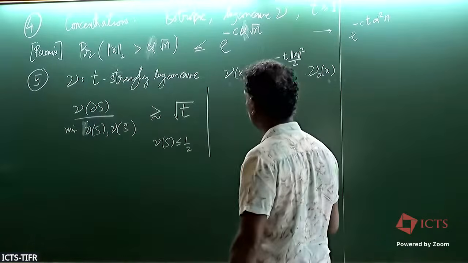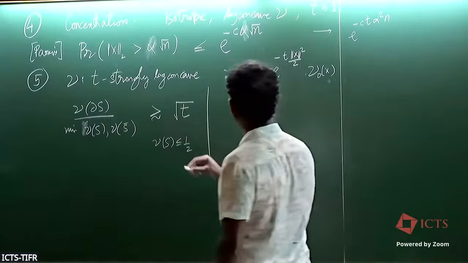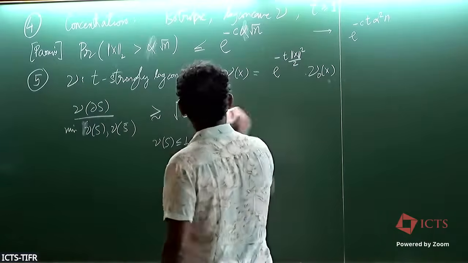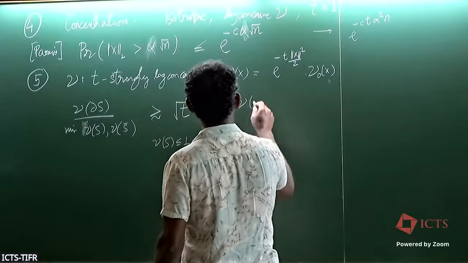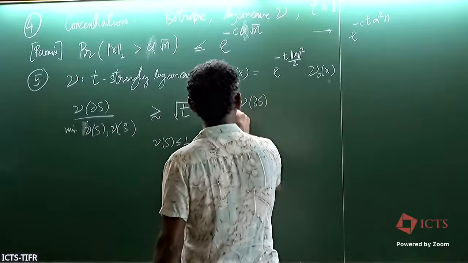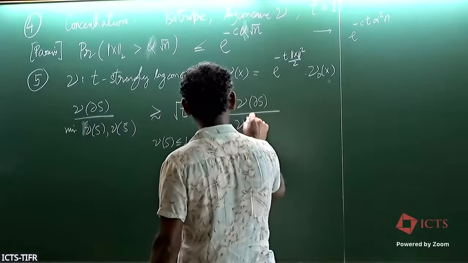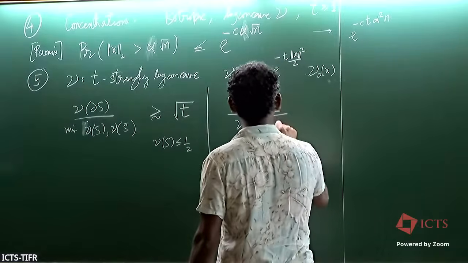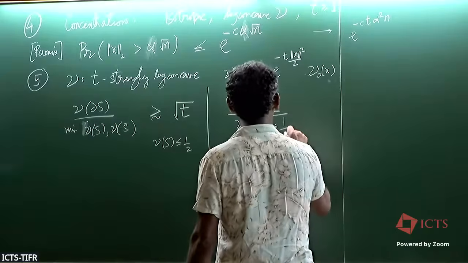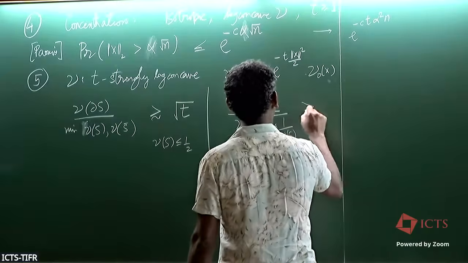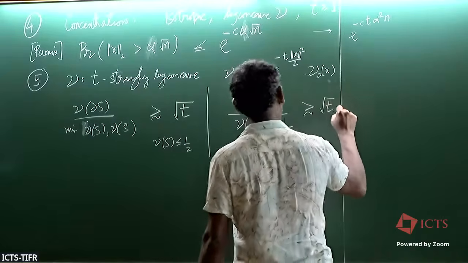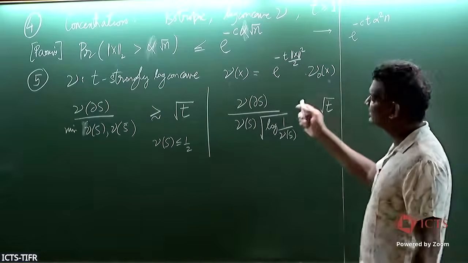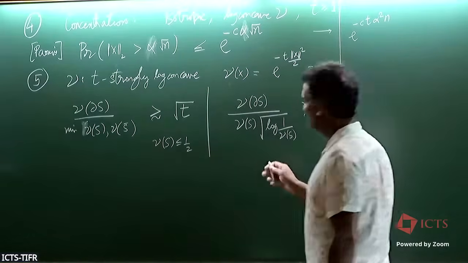Then there is a stronger isoperimetry one can formulate, which says that nu of the boundary of S over not just nu of S, but let's multiply this by a factor of square root of log 1 over nu of S, is actually at least square root t. And this is the log Sobolev constant in this case.